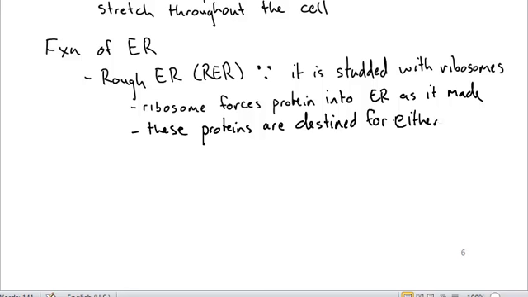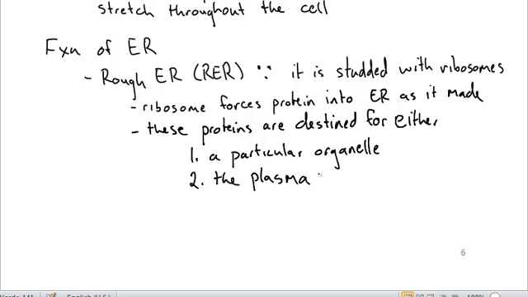Either a particular organelle, the plasma membrane, which is the cell surface, or secretion outside of the cell. So they're actually going to be delivered to the outside of the cell.